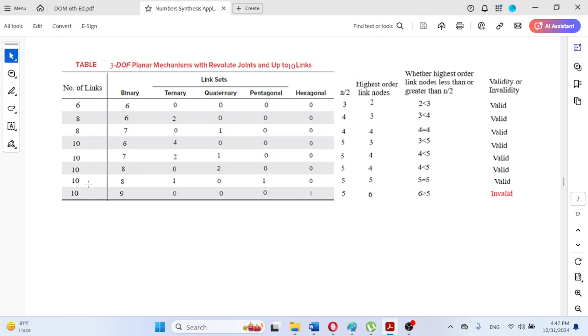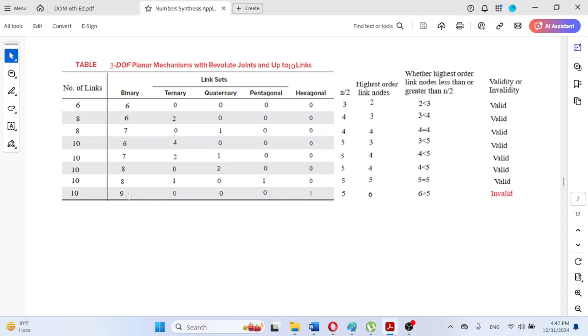In the fourth set, we can observe the highest order link is the pentagonal link. The pentagonal link has 5 nodes, and half the count of the total number of links is also 5, so 5 is equal to 5, so this is also a valid set.